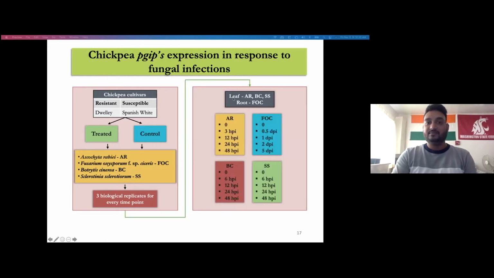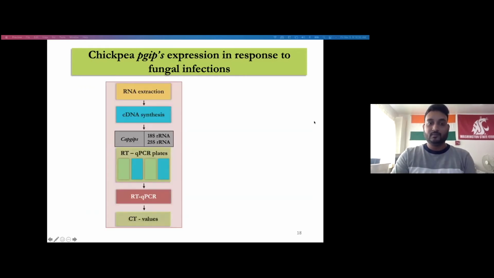We took leaf samples for Ascochyta, Botrytis, and Sclerotinia, and root samples for Fusarium. We carefully selected time points for all the different fungi based on literature and some preliminary analysis we did. After having samples, we extracted RNA, converted it to cDNA, and used 2 reference genes, 18S rRNA and 25S rRNA.